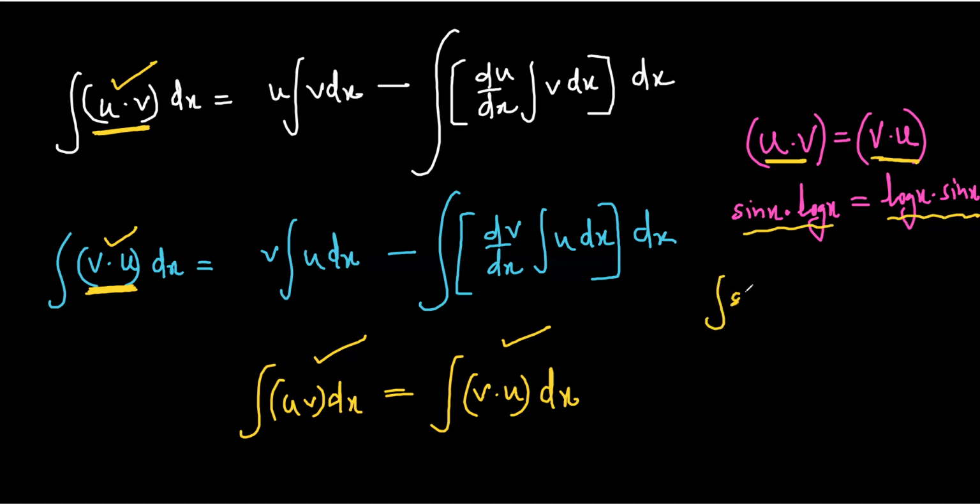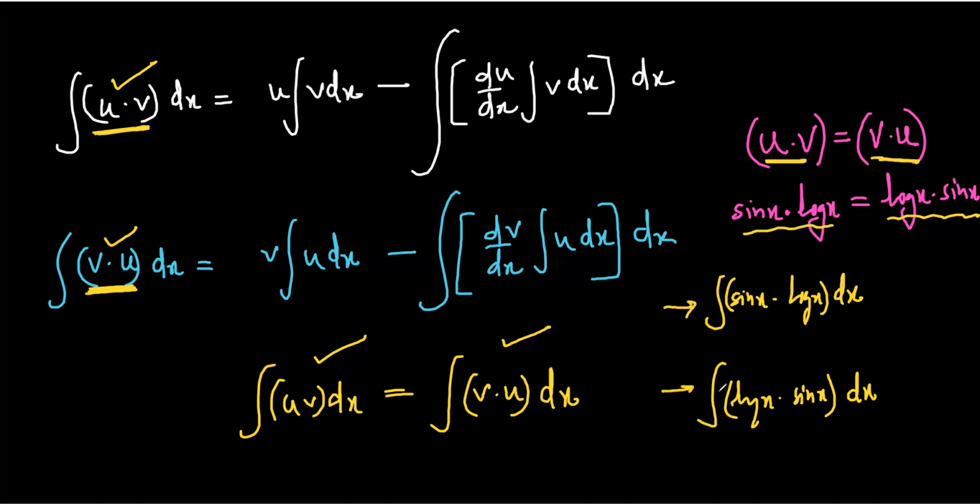But when you integrate sin x into log x dx, or you integrate log x into sin x dx, you will find that one of these two gets you the final answer and the other does not get you the final answer. And that is why we have to decide which one we should select. Though they are same, the selection has to be properly done, which I'm going to teach you in a short while.